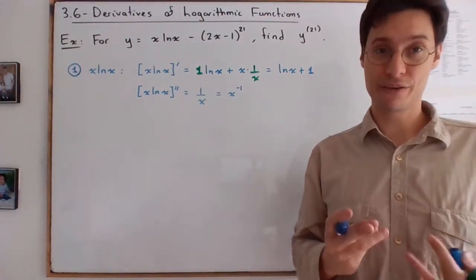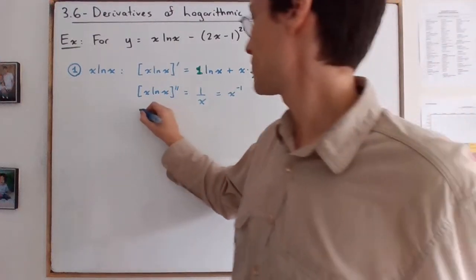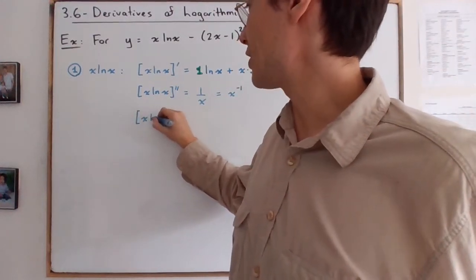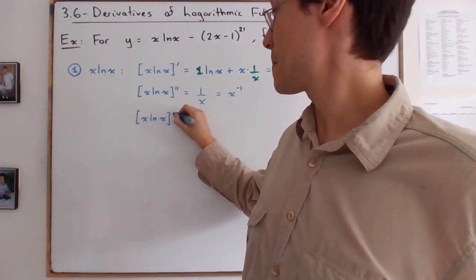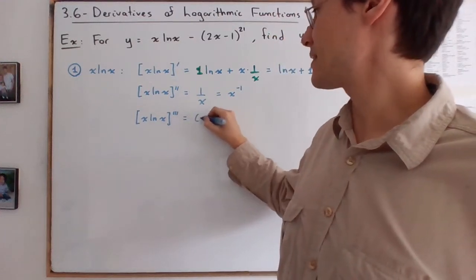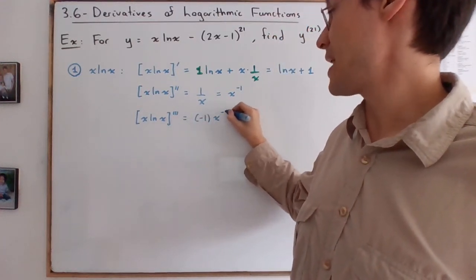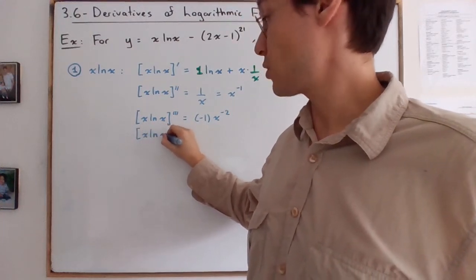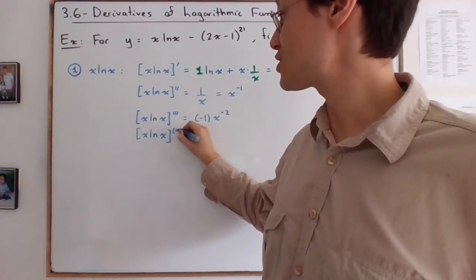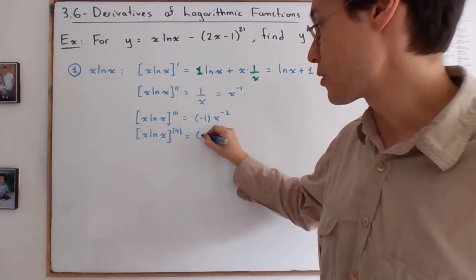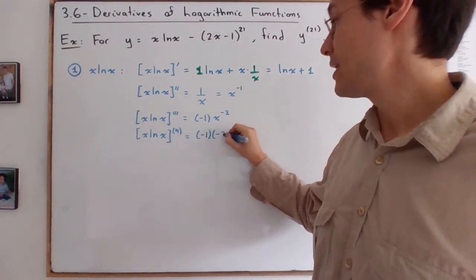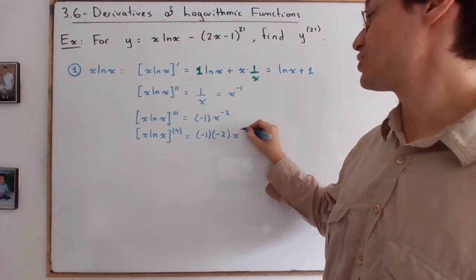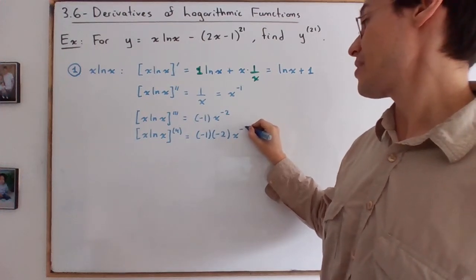Let's take two more to see how it works out. So if we take a third derivative, we're going to get negative 1 x to the negative 2. And if we take a fourth derivative, so not long at all to do, but it's just to comfort us in our pattern. Negative 1, negative 2, x to the negative 3.